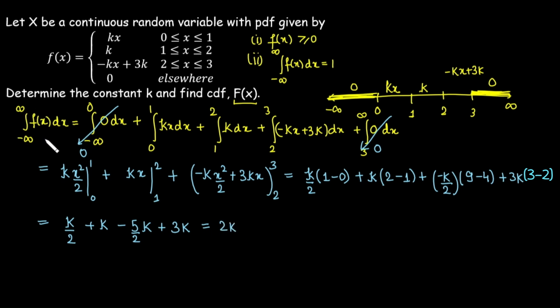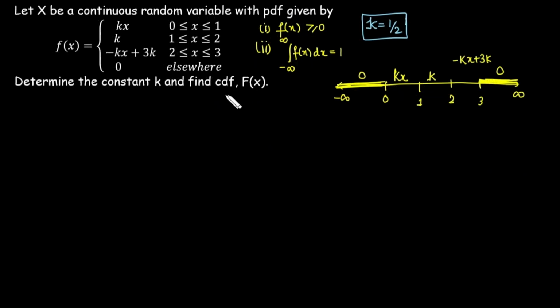Now we know that total integration in this case is equal to 1, meaning the total probability is 1. This implies the value of k in this case is 1 by 2. Now let's see how to write the cumulative distribution function for this case. Here we are getting 5 intervals, so firstly we will mention them. One is minus infinity to 0.